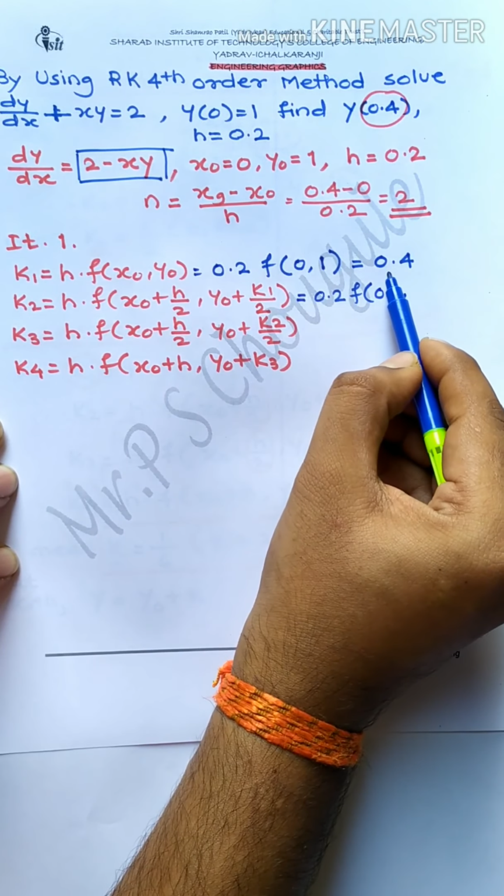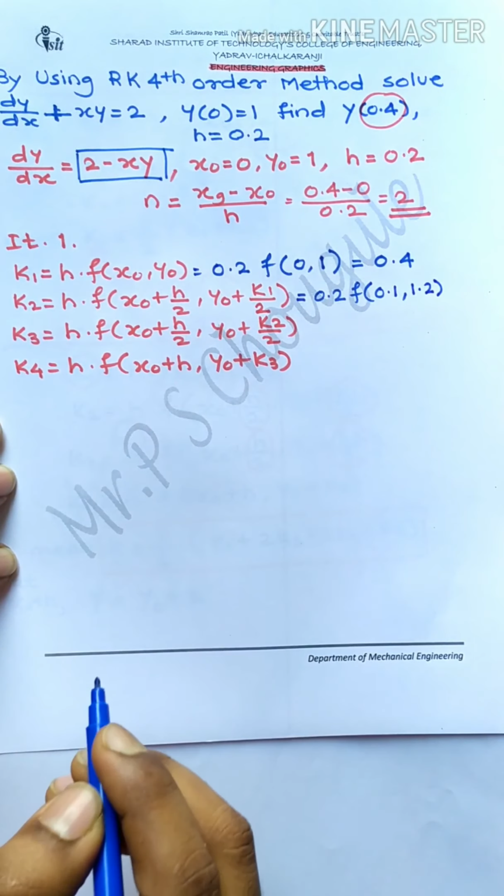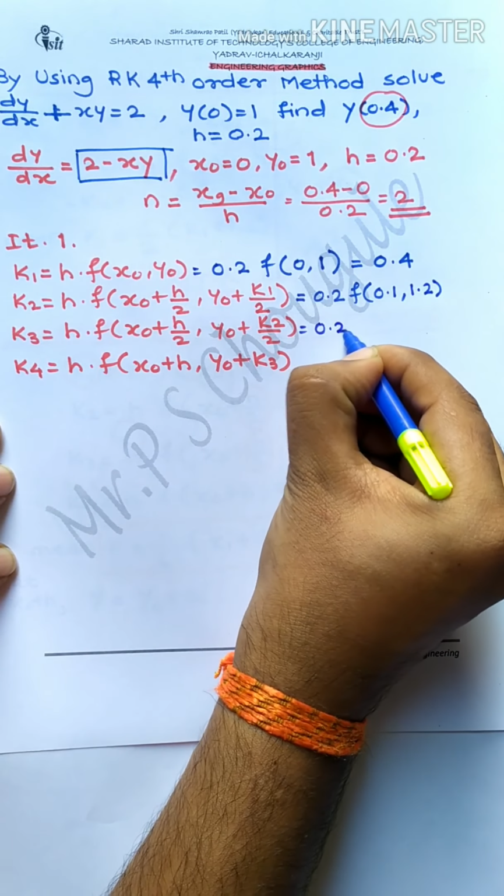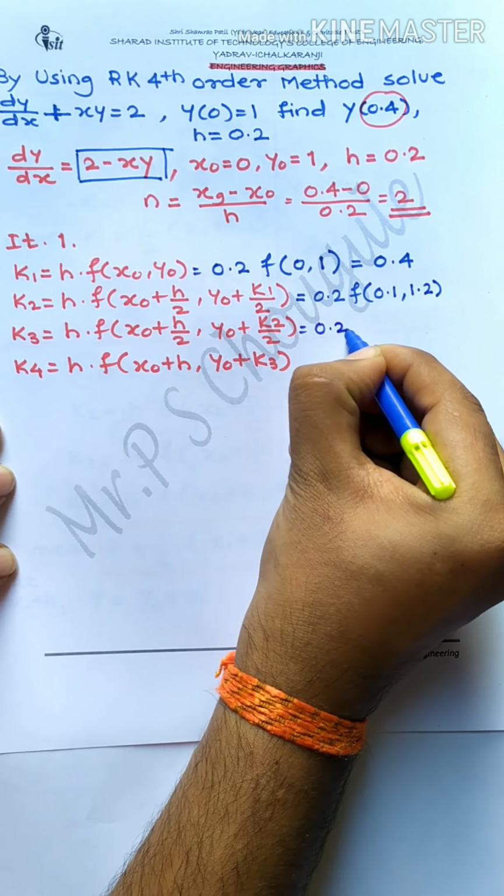So we need to find this function. Similarly, 0.2 f of, here the same value 0.1. Now to find this value, we need to find the value of k2.